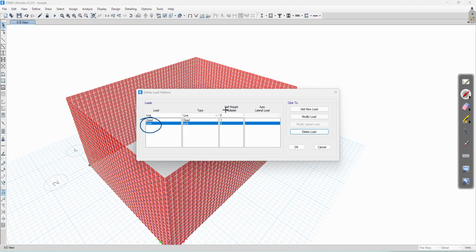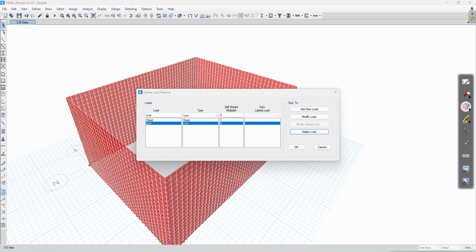In case of self weight multiplier, you put 1 in the case of dead load, 0 in the case of live load. If you put 1 in any other load case other than the dead load, your self weight will get duplicated. So please ensure this: self weight multiplier should be 1 in dead, 0 in live load.